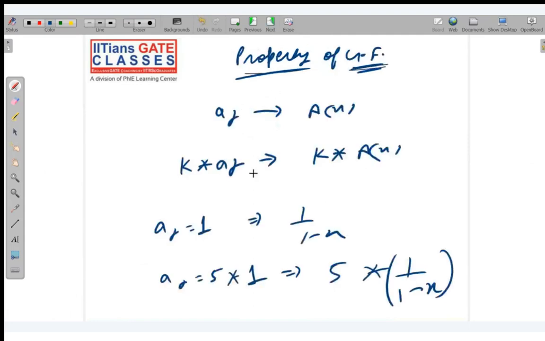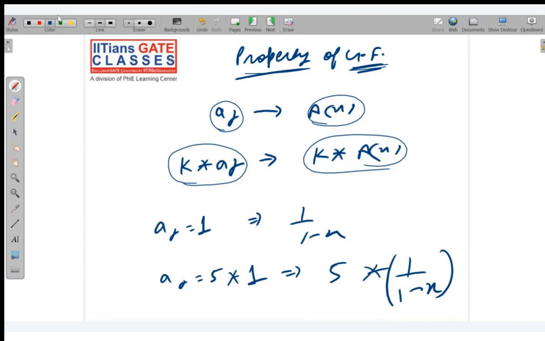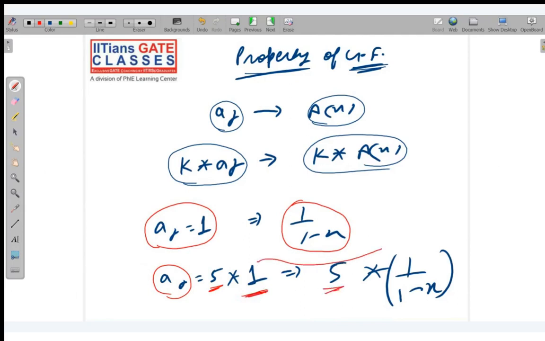What is the property of the generating function? If the numeric function is AR, the corresponding generating function is AX. So if the numeric function is multiplied by K, then the corresponding generating function is also multiplied by K. For example, AR was 1, and the generating function was 1 upon 1 minus X. So if the numeric function is 5, which is nothing but 5 multiplied by 1, it will be 5 multiplied by 1 upon 1 minus X. That is the beauty of this property.